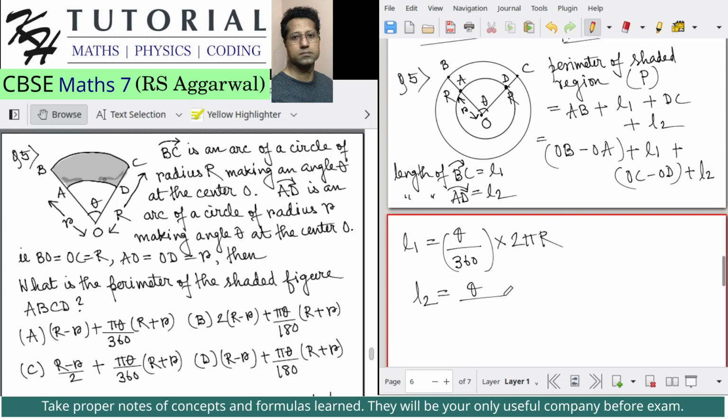So L2 will be theta by 360 multiplied by 2 pi small r.